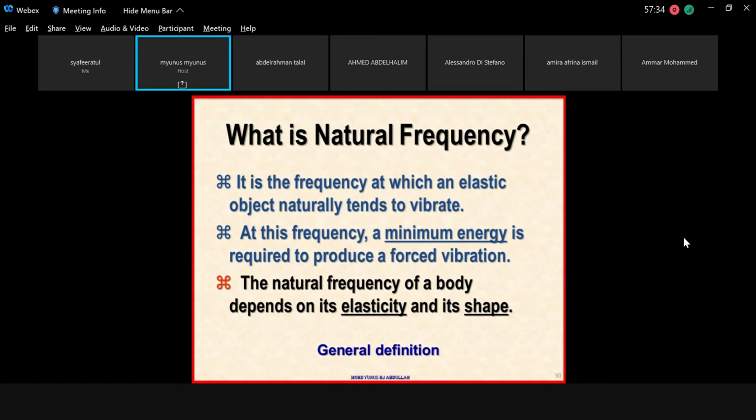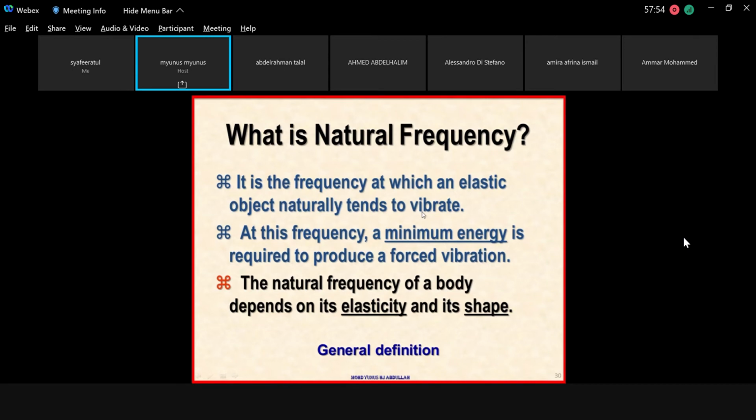The general definition tells you that it is the frequency at which an elastic object naturally tends to vibrate. For example, you have a long ruler, you put it on the table with part of it projecting out, acting like a simple support.